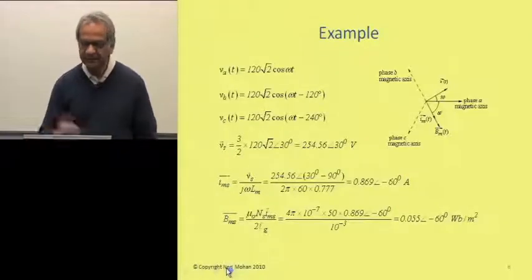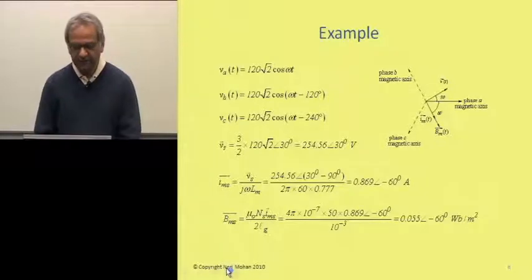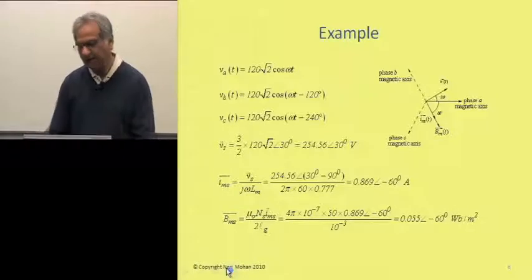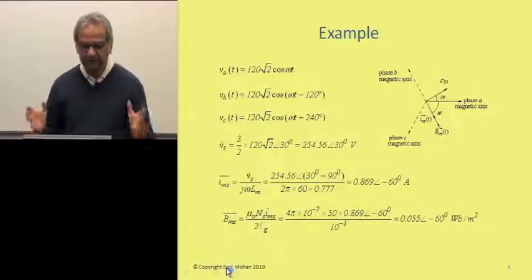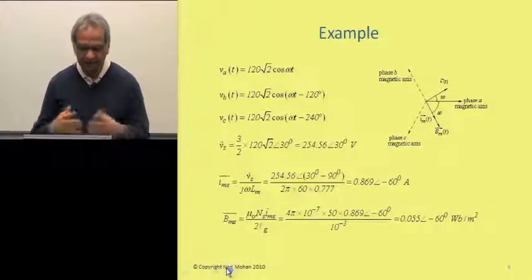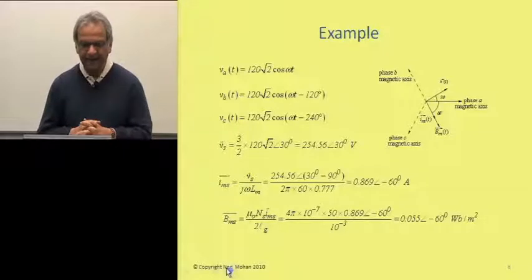So here is a simple example where we have three applied voltages, and again the rotor of the machine is electrically open-circuited, and there are no permanent magnets or anything like that on the rotor. So it's basically an inductance for all practical purposes, ignoring the resistances of the stator windings.